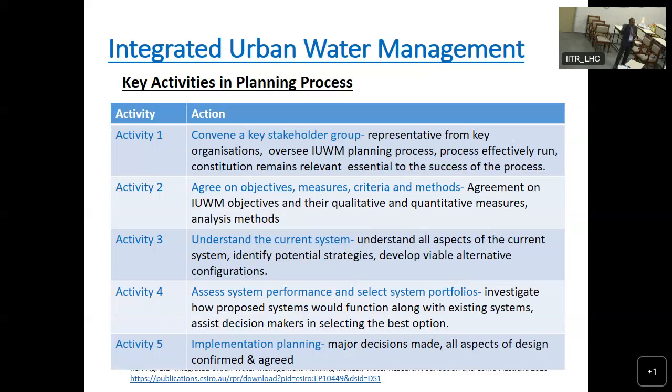So that is the end, and that will depend upon local conditions, how much resources are available in that area, and what type of resources are available. So everything has to be considered in planning and developing those portfolios. Portfolio is nothing but options of providing services.